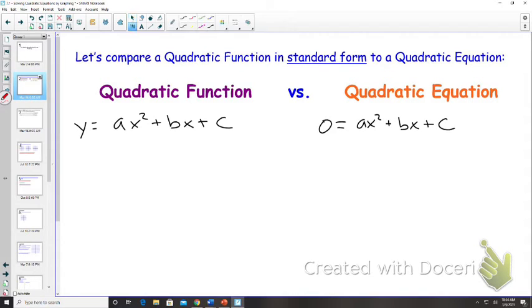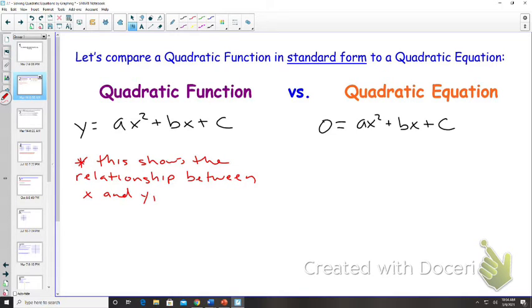So in this case, this shows the relationship between x and y can be seen on a graph. Okay, and that's what we've been doing for the last month or so, right? We've been doing quadratic functions.